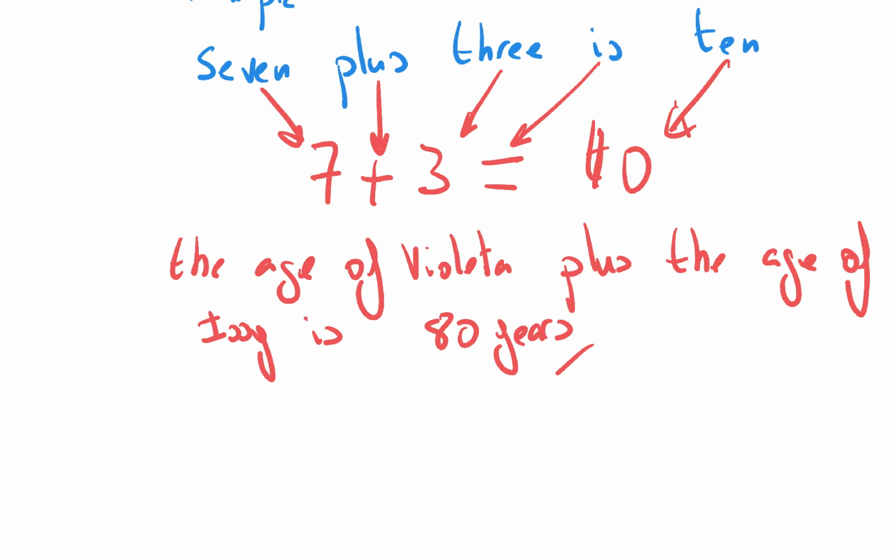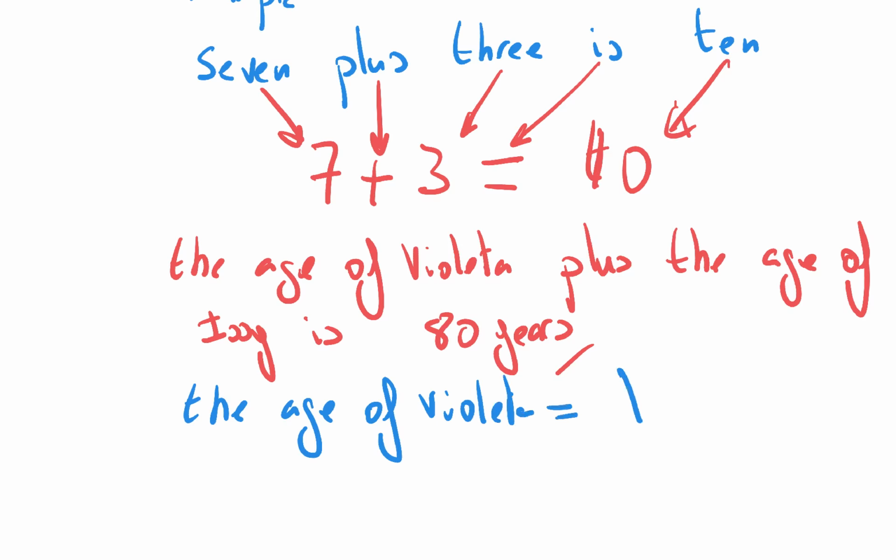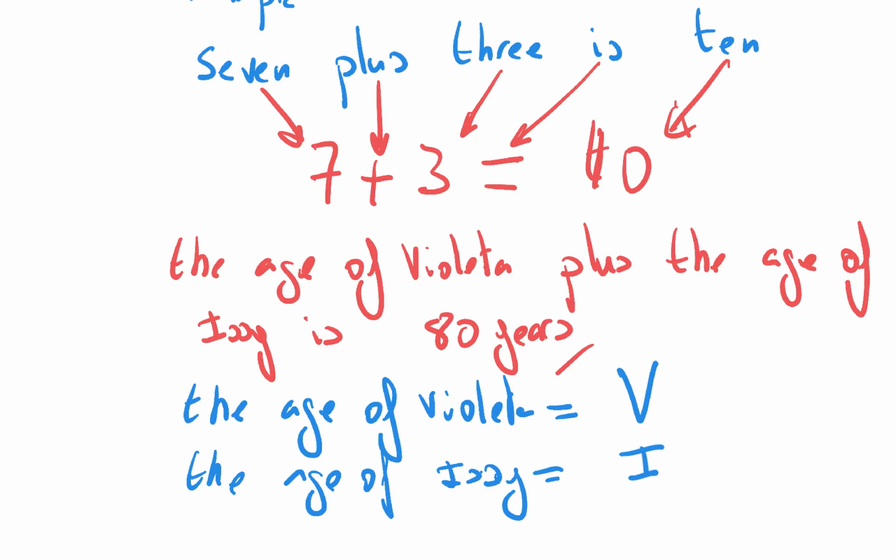So you need to identify the variables. The first variable is the age of Violeta. We will name it as V. V will be the age of Violeta. The age of Izzy, we will name it as I, from Izzy.